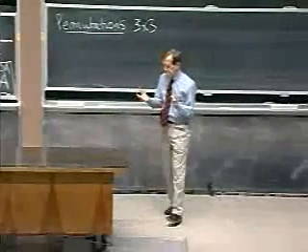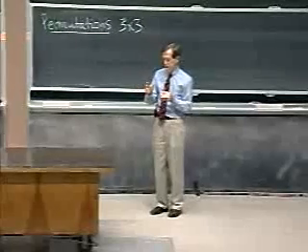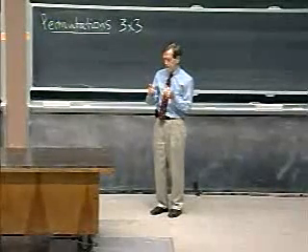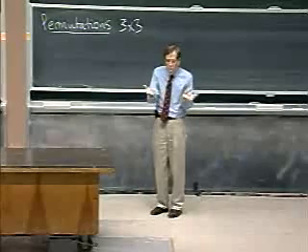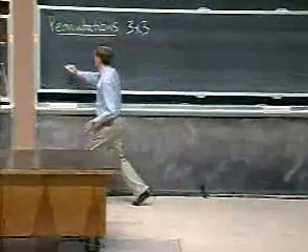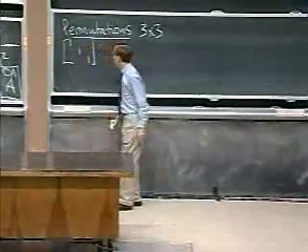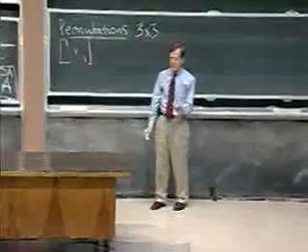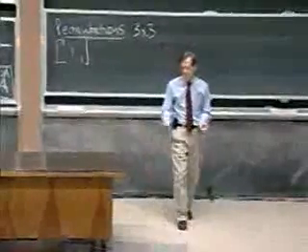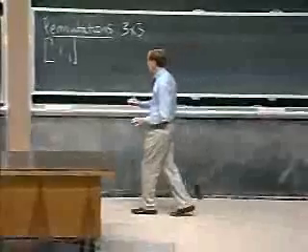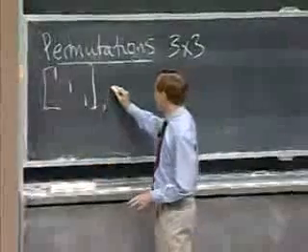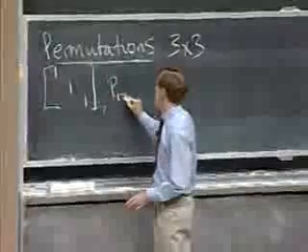What are all the matrices that exchange no rows at all? Well, I'll include the identity. So that's a permutation matrix that doesn't do it. Now, what's the permutation matrix that exchanges? What is P12?